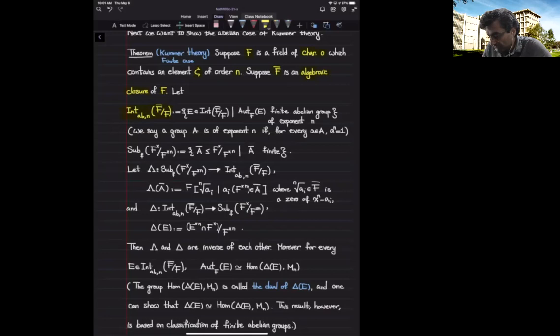Now, we are interested in the intermediate subfields where the extension E over F is Galois, and the Galois group of the extension is finite, abelian, and has exponent n. So here again, I need to emphasize that E over F is Galois.